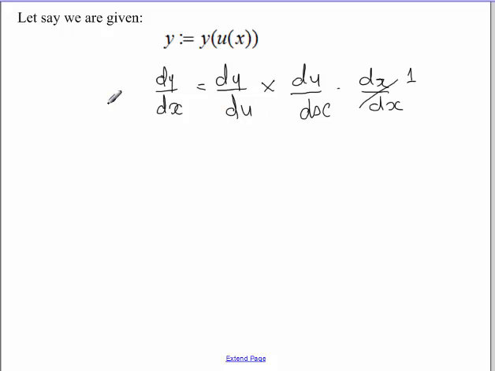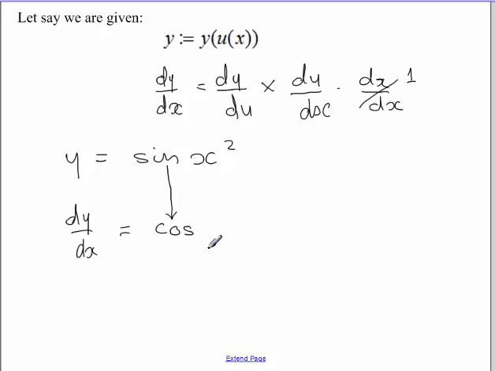An example of that is something like this. Let's say you have y equals 2 sine of x squared. It simply means that our u here is x squared. So if we're going to differentiate, y is sine, which means we have to call upon the derivative of sine, which is cos.